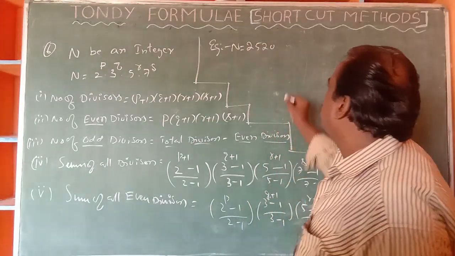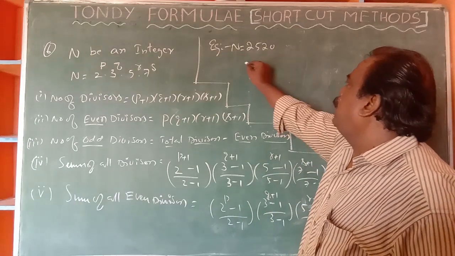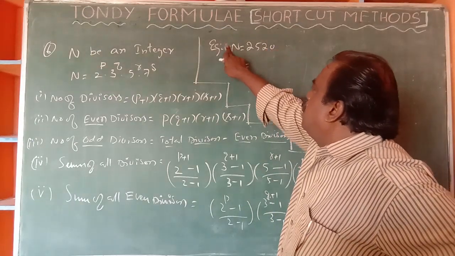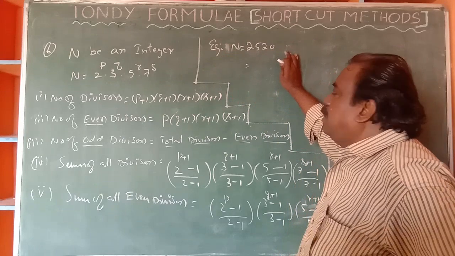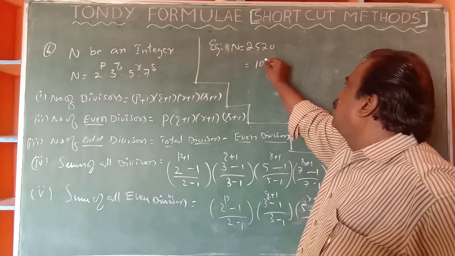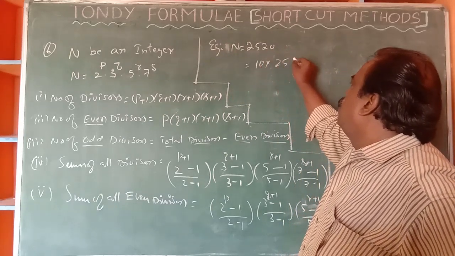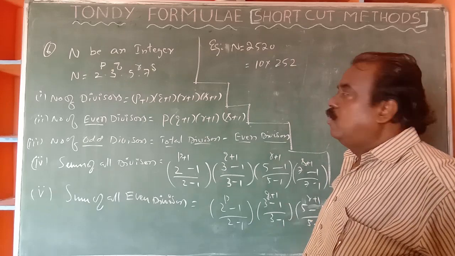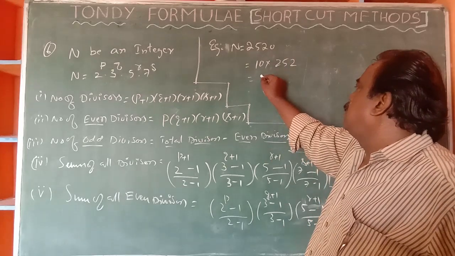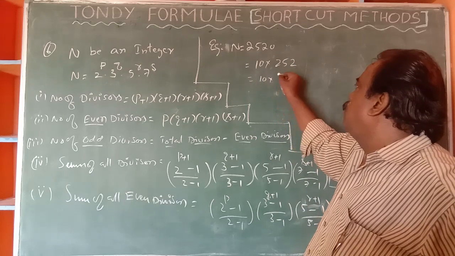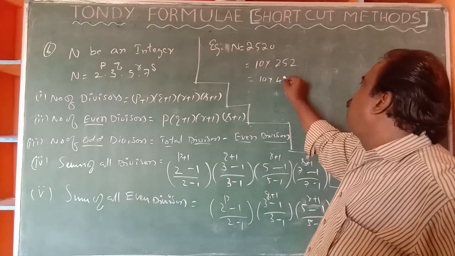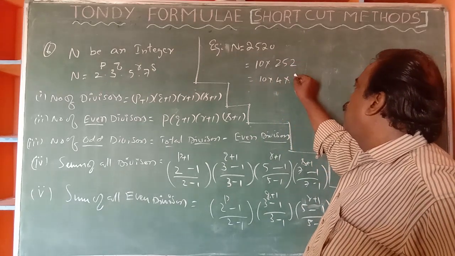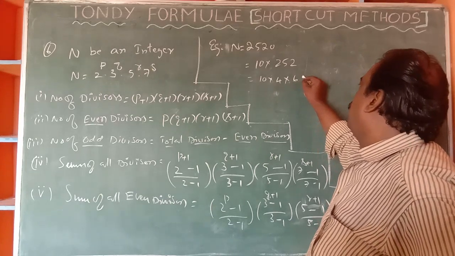This 2520 can be written as first 10 into 252, which is 4 into 63.